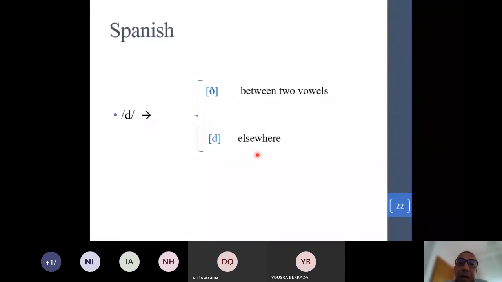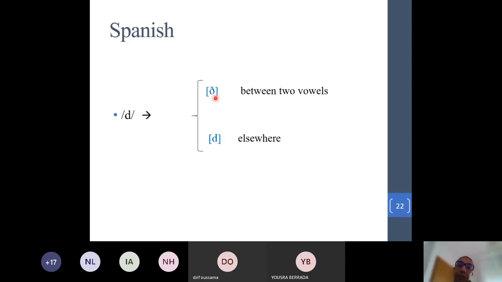The variant that is the fricative occurs between two vowels. This rule, this change, is also phonetically motivated. A stop, which is characterized by closure of the vocal tract, is changed into a fricative.